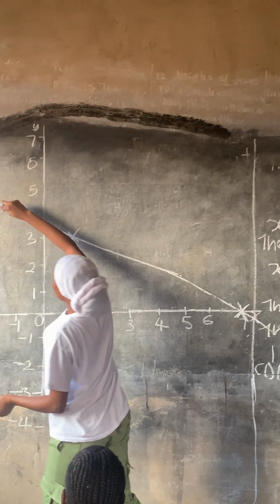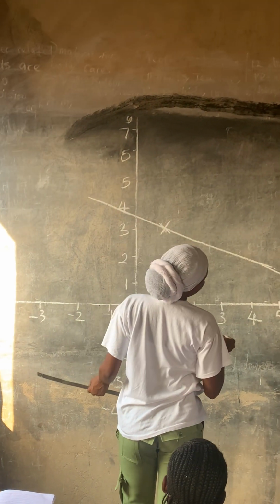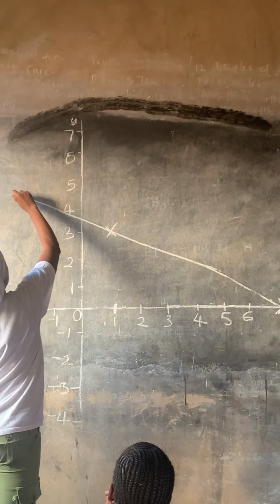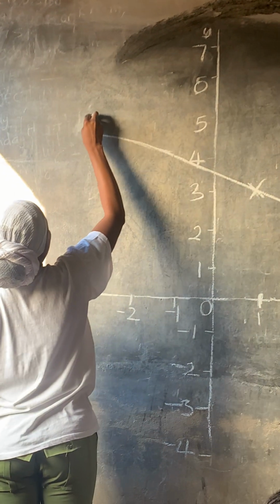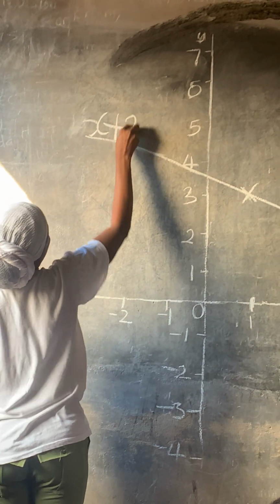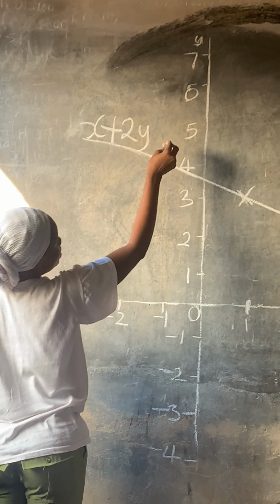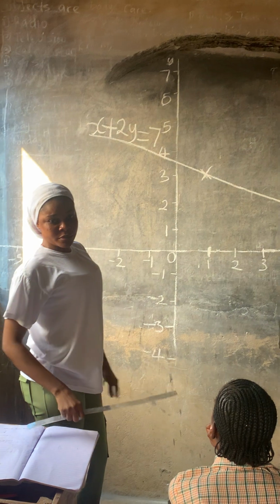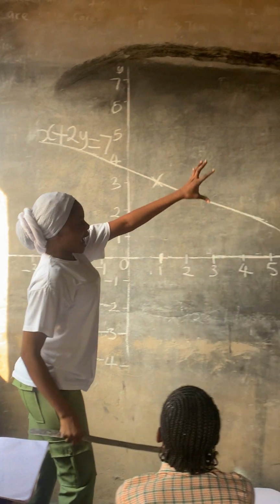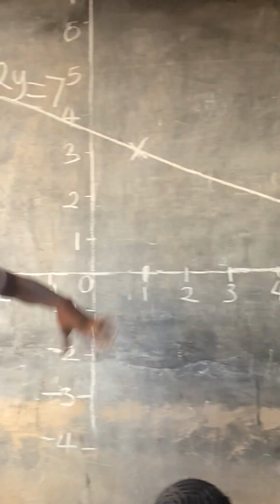What was the equation? X plus 2y is equal to what? So this is for equation 1, okay? After having the coordinates, this is for equation 1.